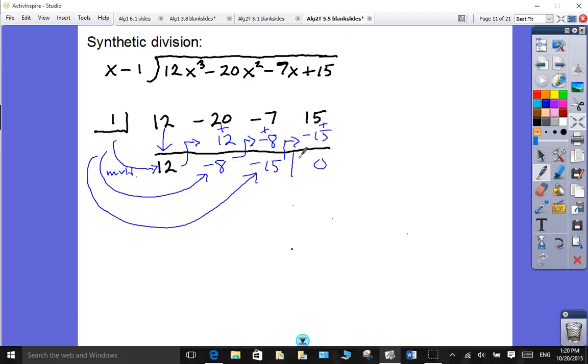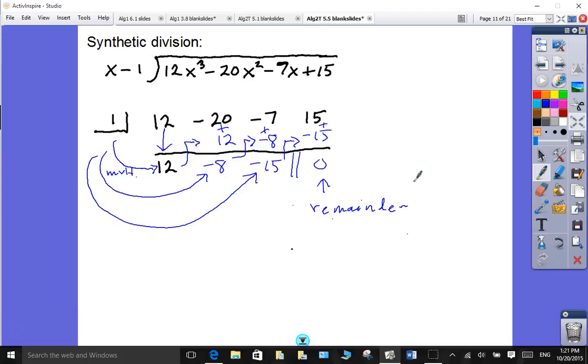So that last number there is the remainder. This was the first problem we did, and it had a remainder of 0. So again, we still have a remainder of 0. The numbers to the left of the remainder are going to be the coefficients of a polynomial of 1 less degree than what you started with.